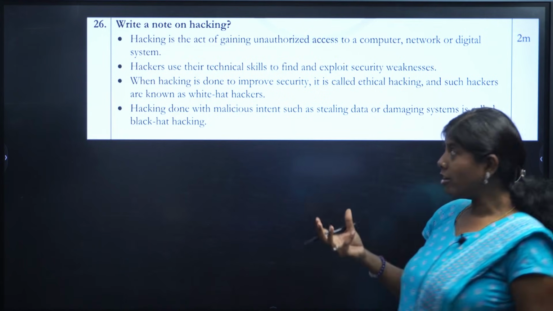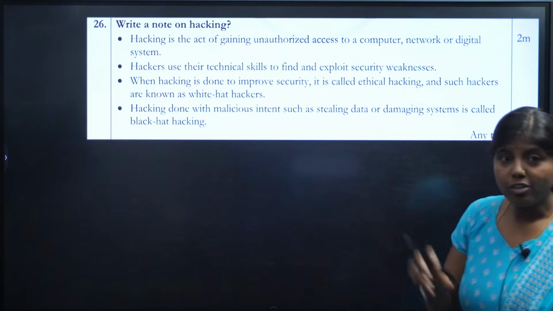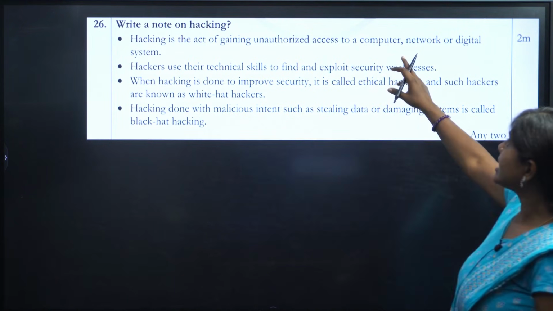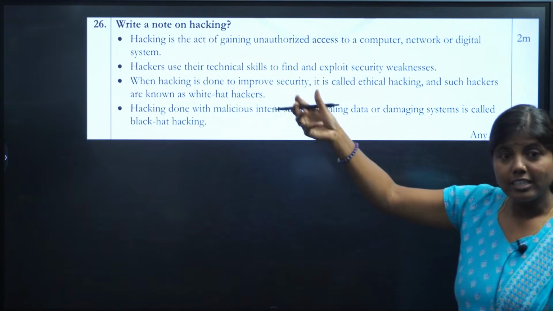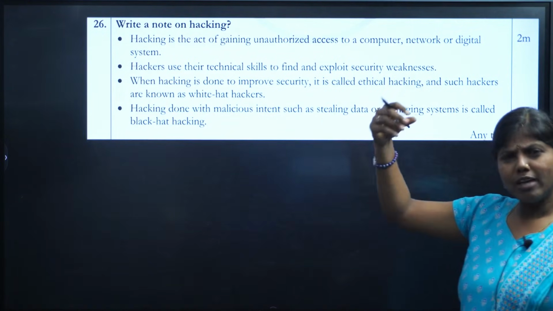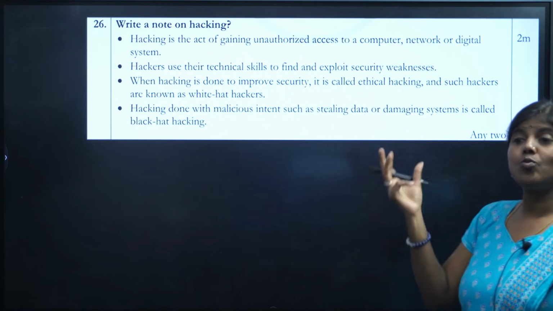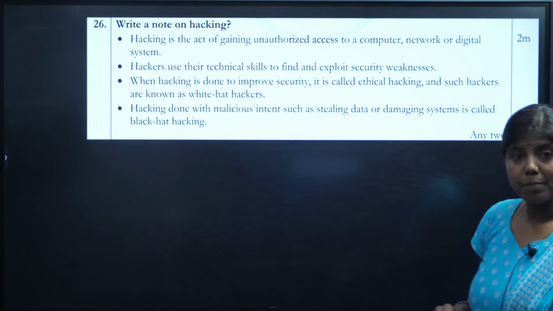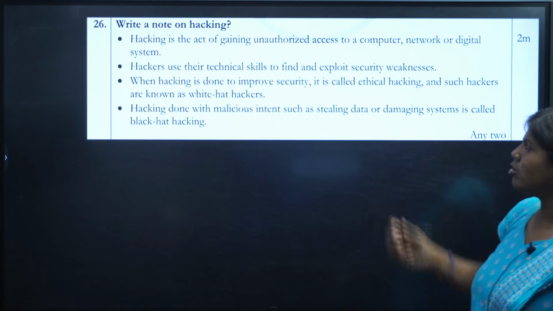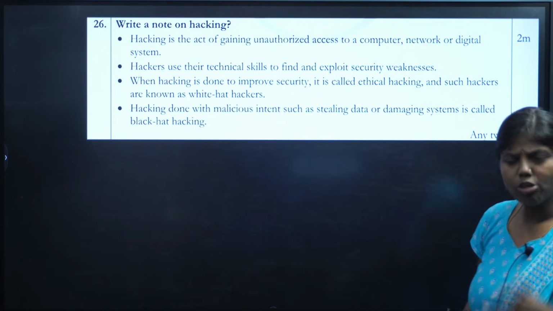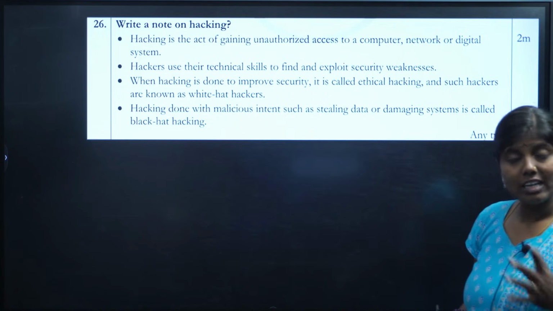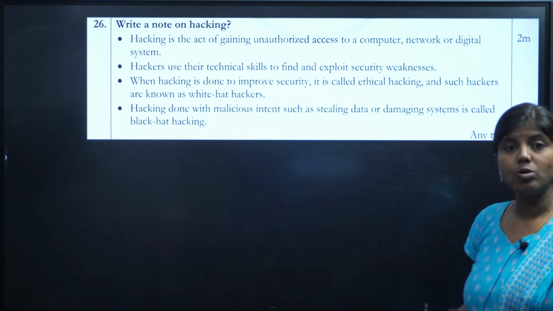So they've given you the clear definition here: act of gaining unauthorized access to a computer, network or digital system. But especially, they have a lot of skills. They are very well equipped experts.